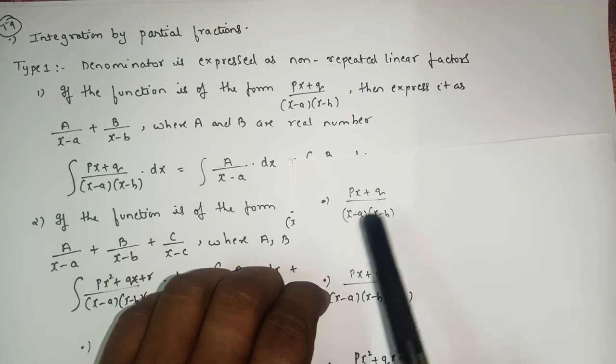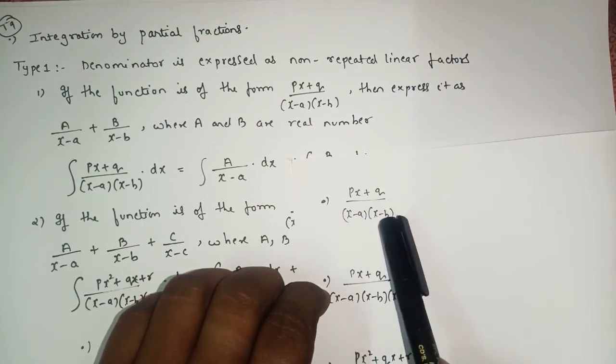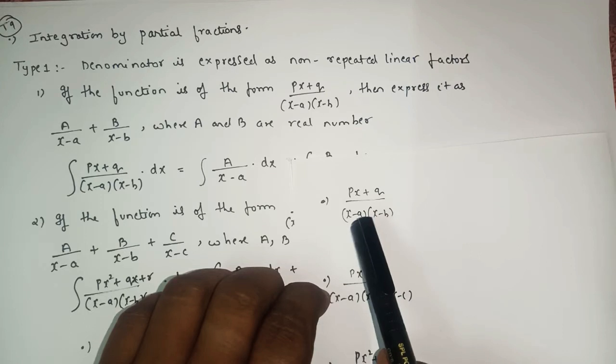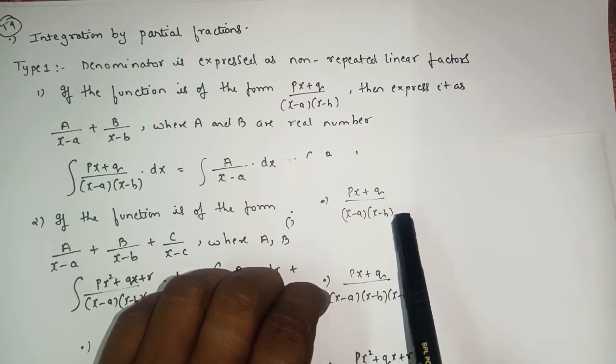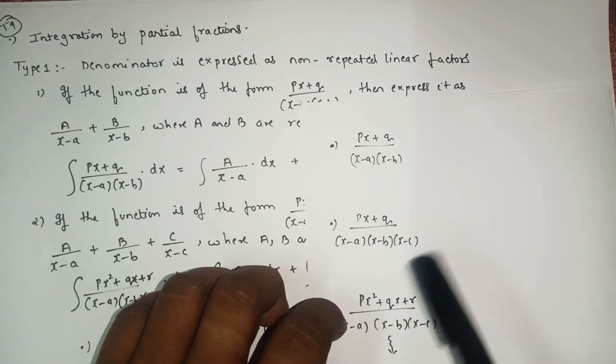Non-repeated means here x minus a and x minus b are different, so a and b are different numbers. Suppose a is 3, then b will be a different number. Here also, a, b, c will be different.